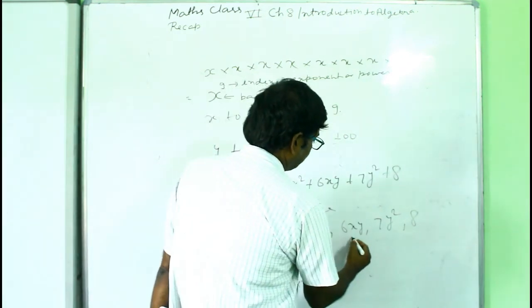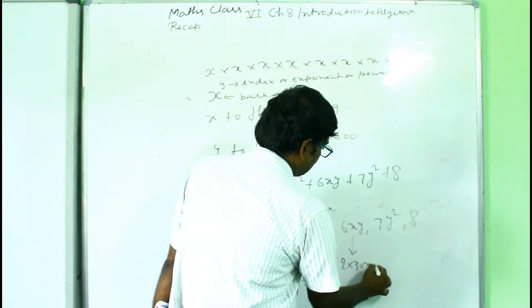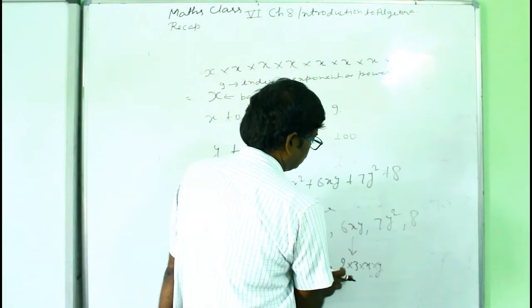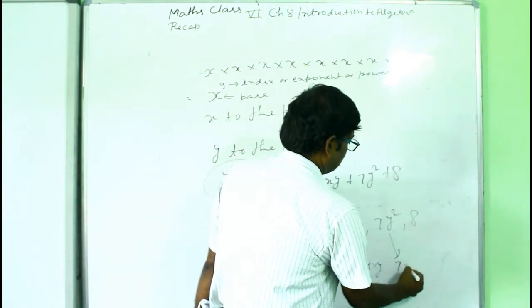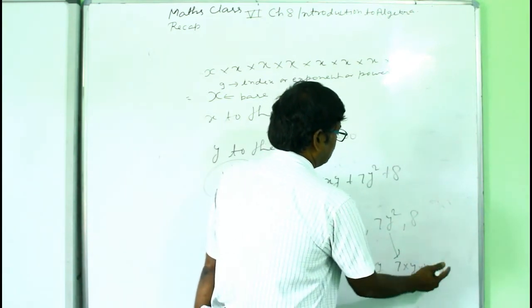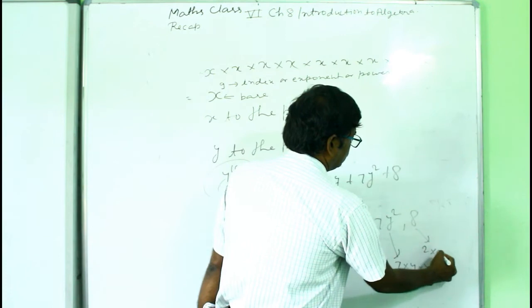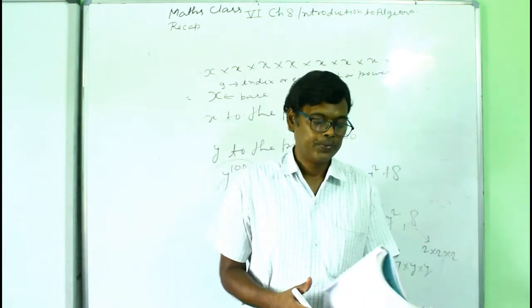The factors of 6xy will be 2 into 3 into x into y. So 2, 3, x, y are the factors. Here you have 7 into y into y, so the factors are 7 and y. And in 8, it is 2 into 2 into 2, so the factors are 2 into 2 into 2.